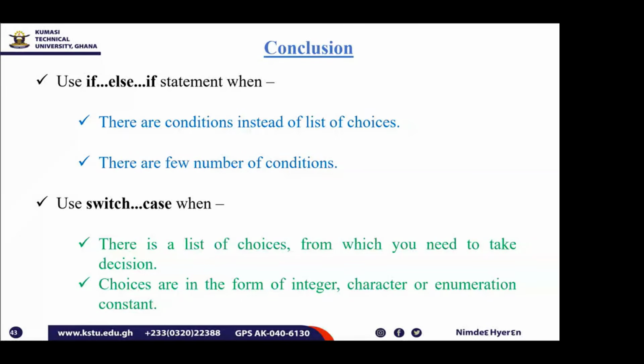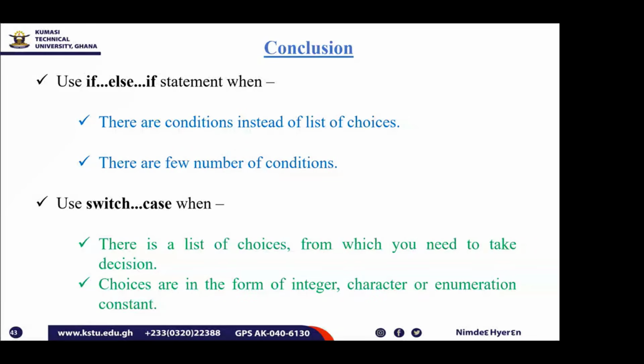Now, remember we said there are three categories of control statements. That is the decision statements, which is also termed as the condition statement or relational statement. And then we have the looping statement. And we also have the jumping or the jump statement.